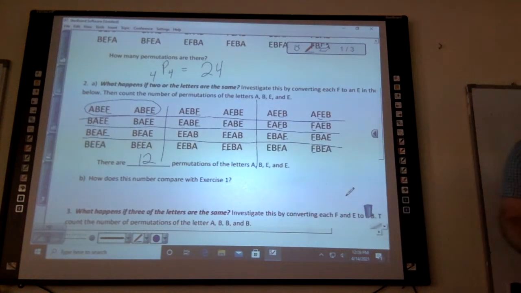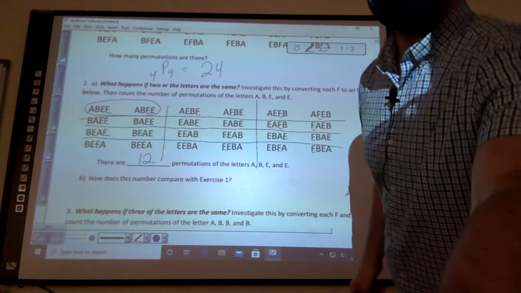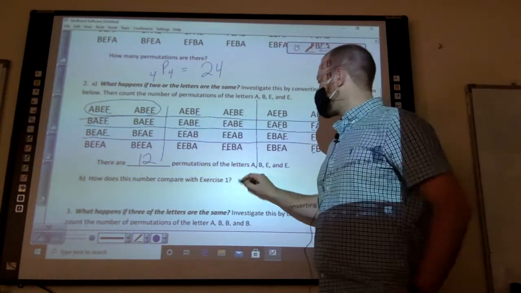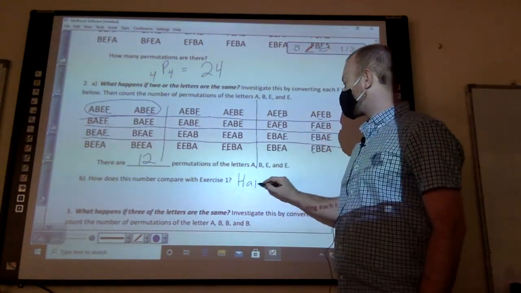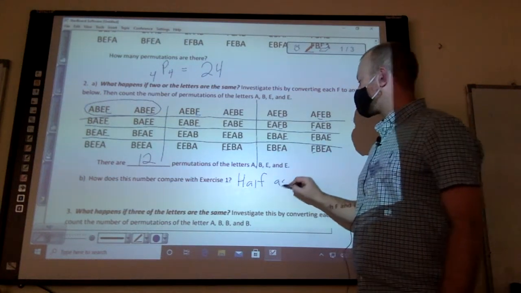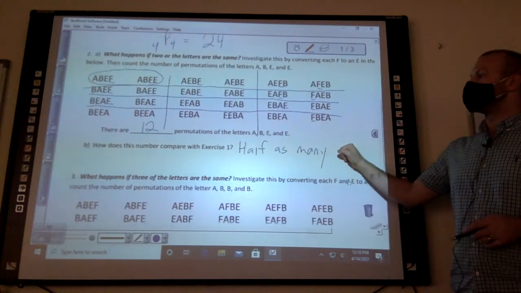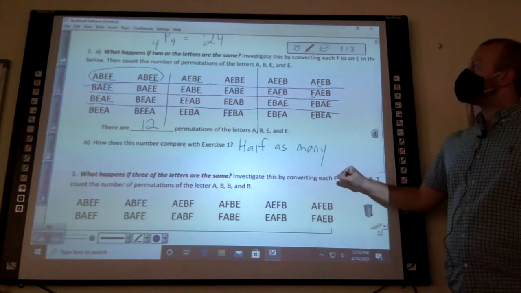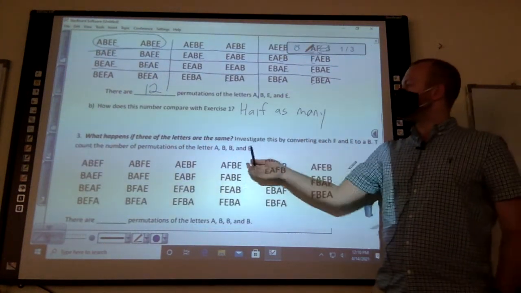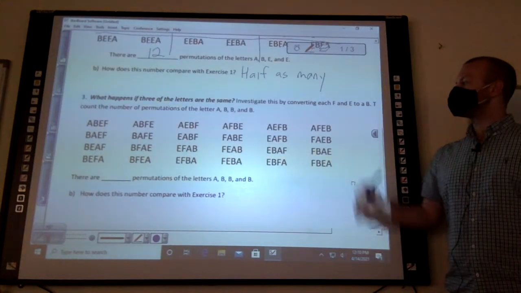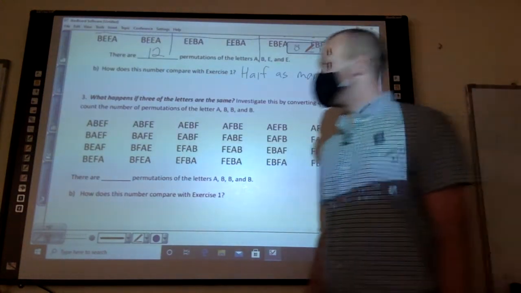So let's try this out. Here I've got half as many. Let's see if we can further expand on this. Now let's say I'm going to change the E's and F's to B's. This one's going to take a little bit longer to go through.